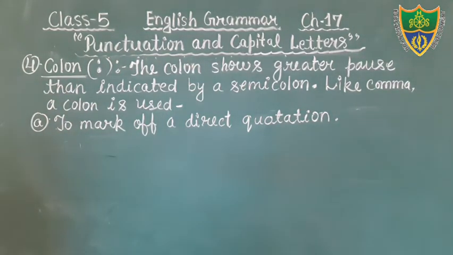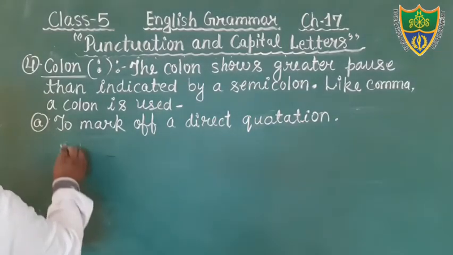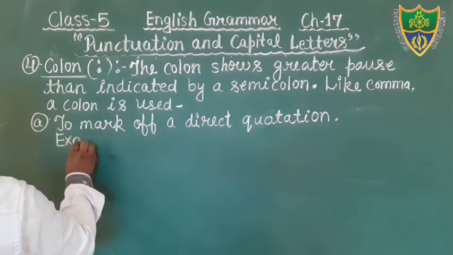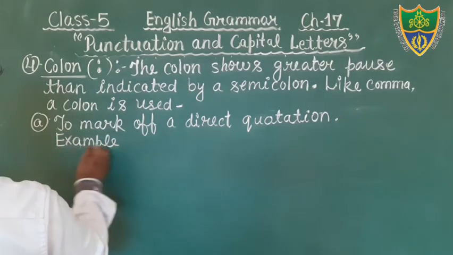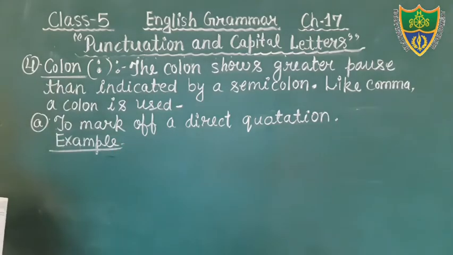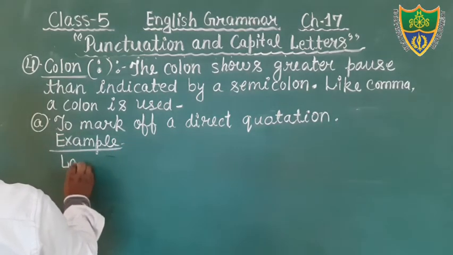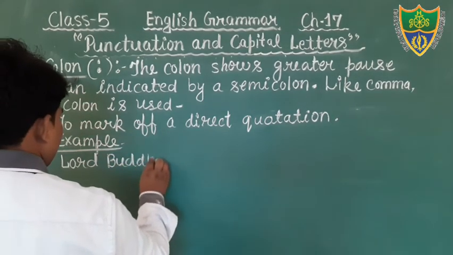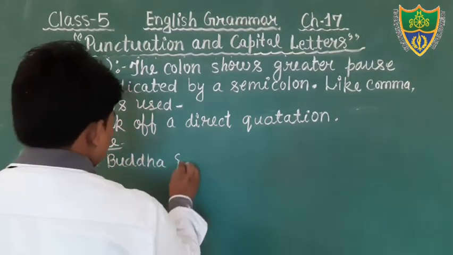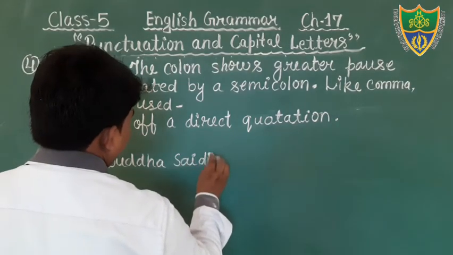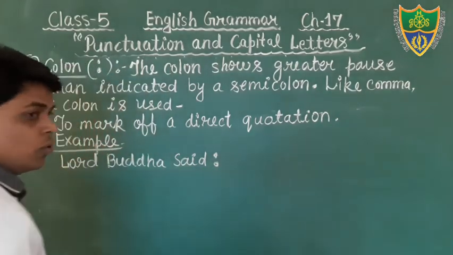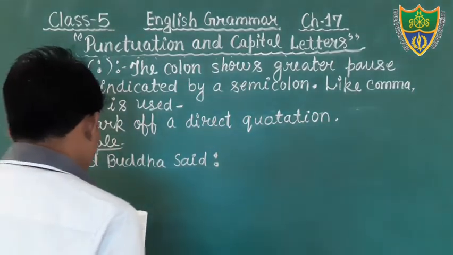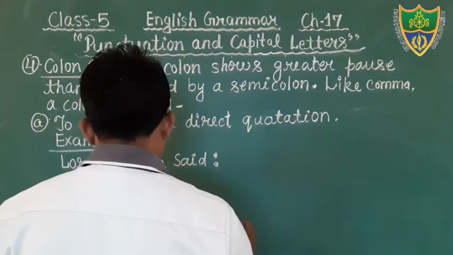Students, keep in your mind, like comma, colon is also used to mark off the direct quotation. An example we can see. Lord Buddha said, we will put here a colon: "Live and let others live."